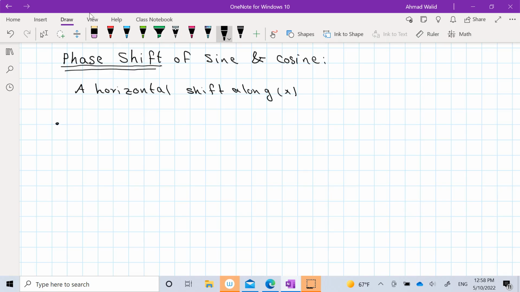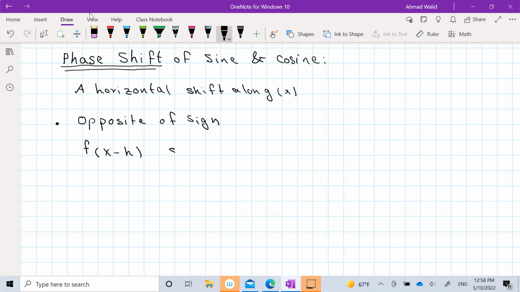Now, a few things. Remember this from algebra. Always we choose the opposite sign. I will write everything and later explain everything. Remember when you had f of x minus h, correct?